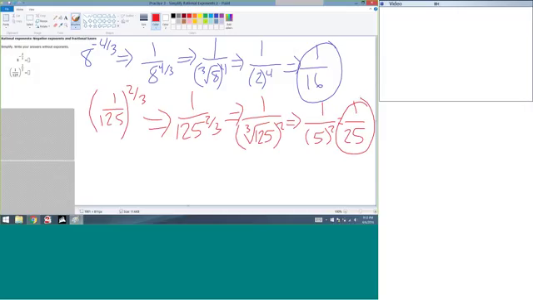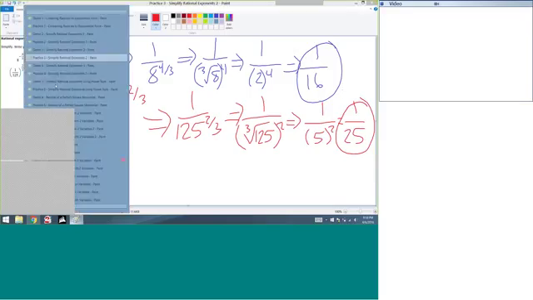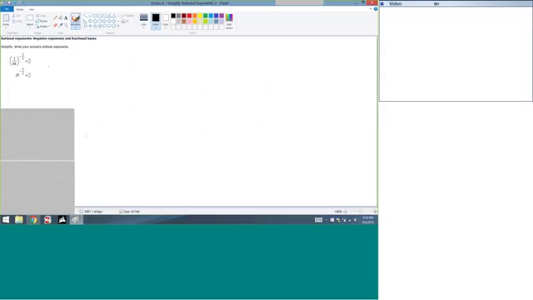Okay, so I have one more step that's covering the same thing. So I'm just going to go ahead and pull that one up. So same idea here. We have that first one, 1 over 64, raised to the negative 2/3. So we do have to flip.